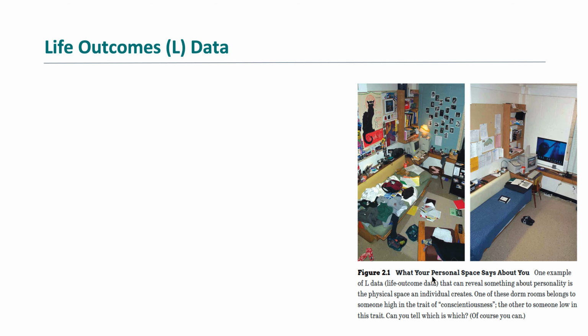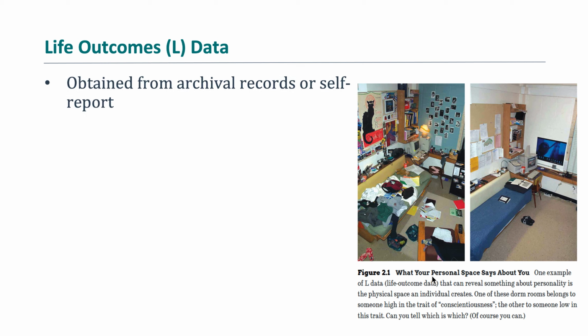Now, the L in BLISS is life outcomes data. And this is going to be verifiable, concrete, real-life facts that hold psychological significance, right? And this is going to be obtained through archival records or self-report. So for example, if I was to ask you, hey, I want to see your room, I want to see where you live, right? And all of a sudden I walk into your room and maybe your room looks more like this, or maybe your room looks like this, right?